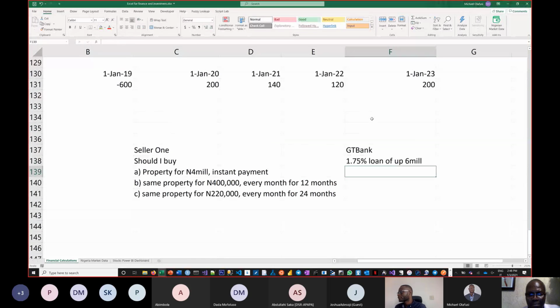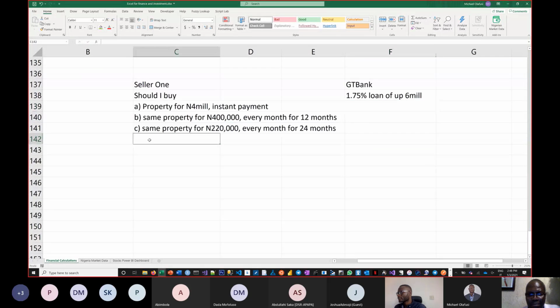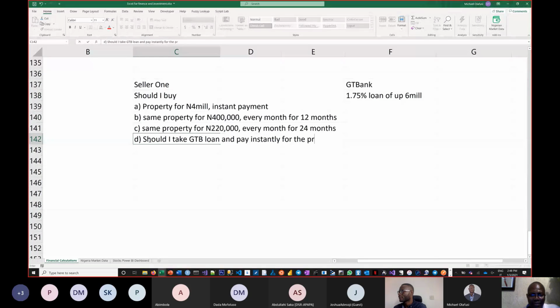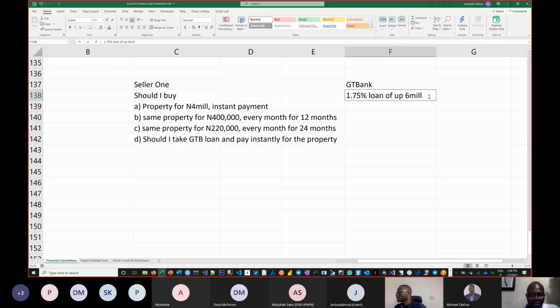Okay, so should I take GT Bank loan and pay instantly for the property? So let's say the GT Bank loan is a 12 months maximum facility. Okay, so how will you be able to decide?